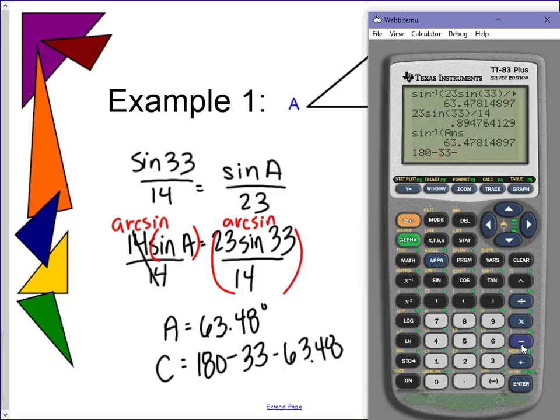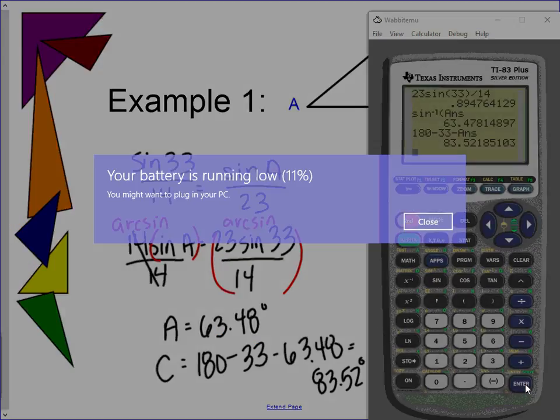And then again, instead of having to type in 63.48 or all those other decimals if I don't want to round, just do second negative, and I get a non-rounded answer. It's taking the previous line, which was that line I wanted. You have to make sure you have the answer there that you want to use, right? But then I can plug that in. So then C would be 83.52 degrees. Are we okay with this?